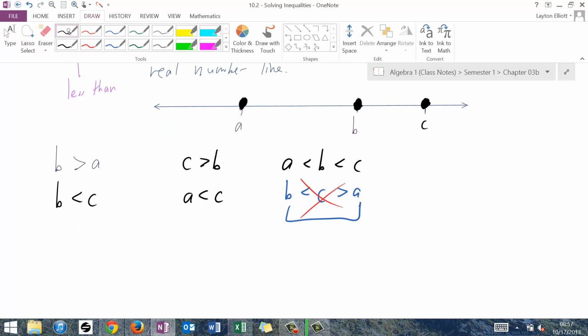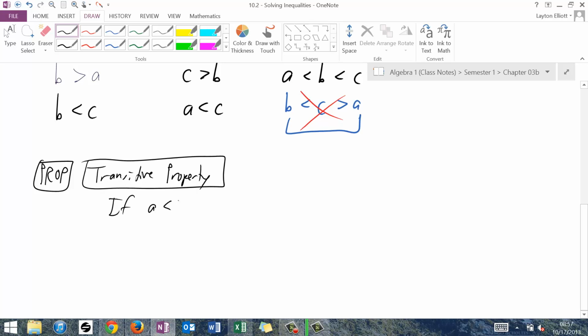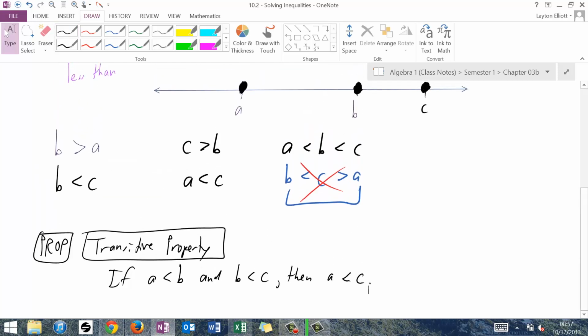Now, the big thing that I want to introduce today are these different properties. So we're going to have a few listings of properties before we launch into this. We have the transitive property. And the transitive property says that if A is less than B and B is less than C, then A is less than C. And if I look right up above, it's exactly the image we're drawing here.